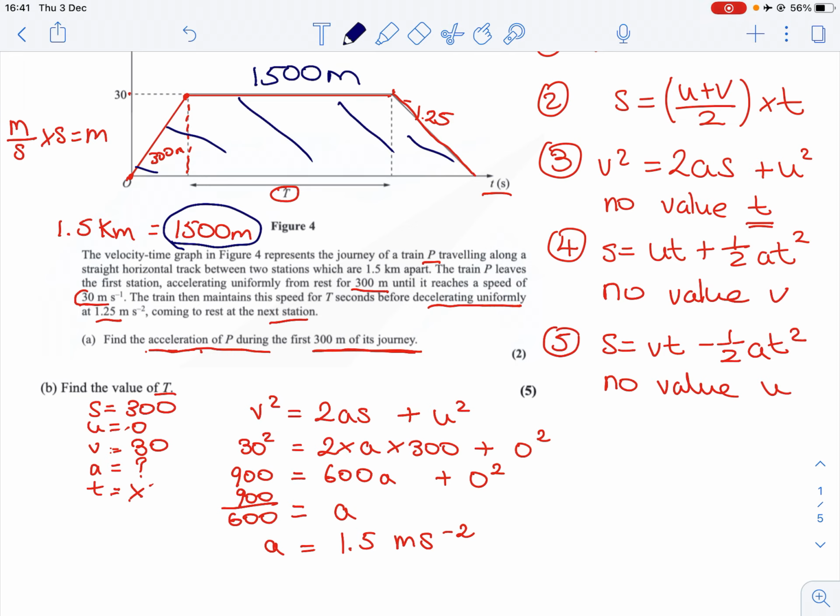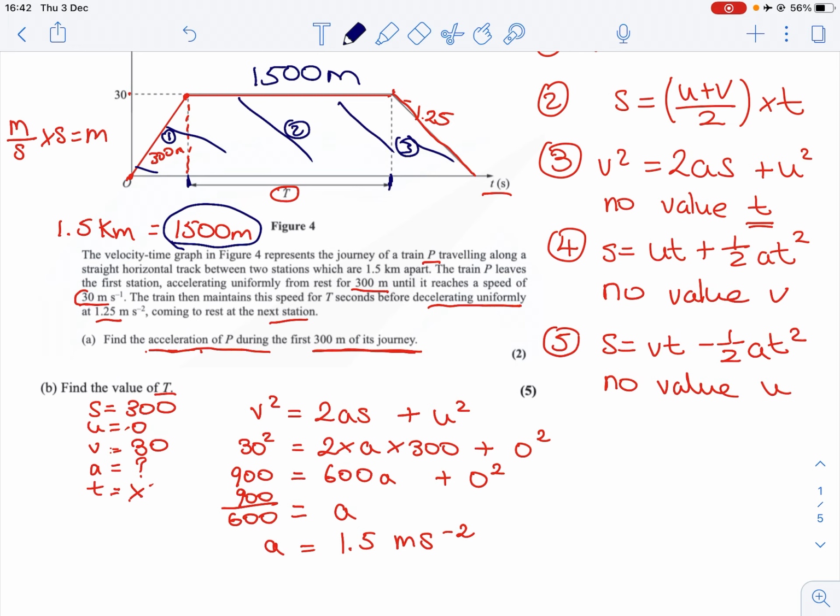What we could do is find the time for each part, so we could split the shape into 3. This is our shape number 1, number 2, and number 3, and they're going to add up. The area underneath has a total of 1,500 meters.